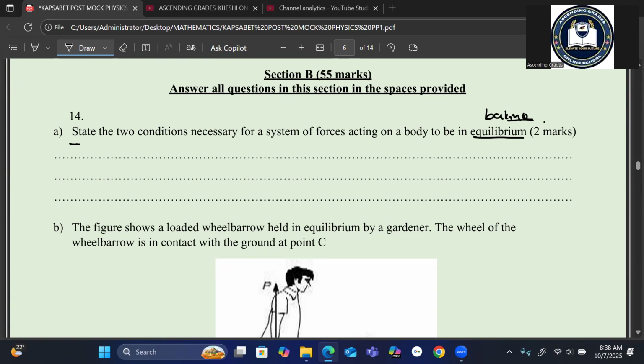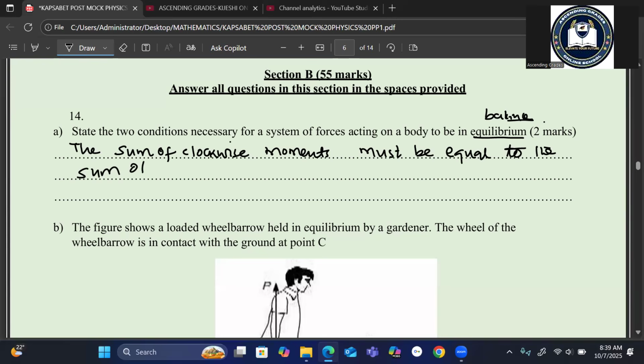So, number one, we have the principle of moments. The sum of clockwise moments must be equal to the sum of the anticlockwise moments.